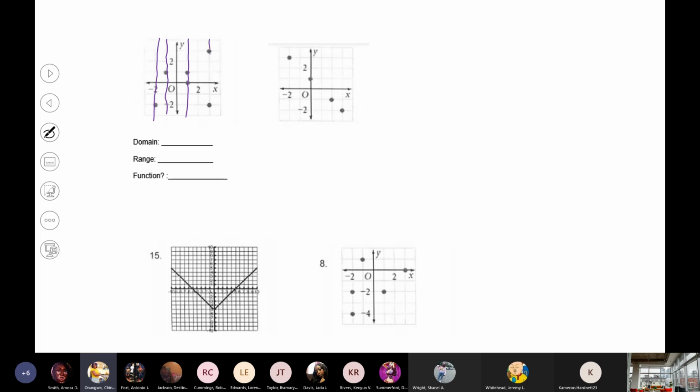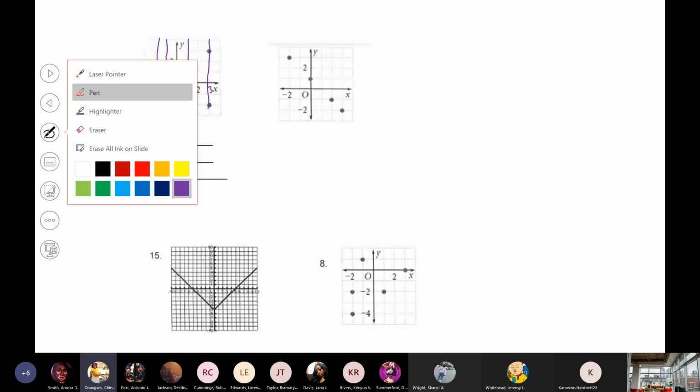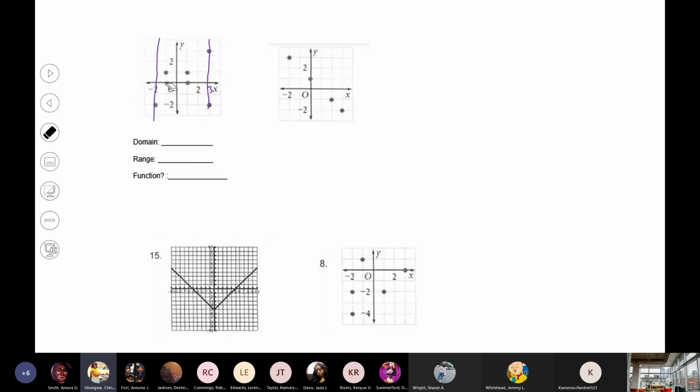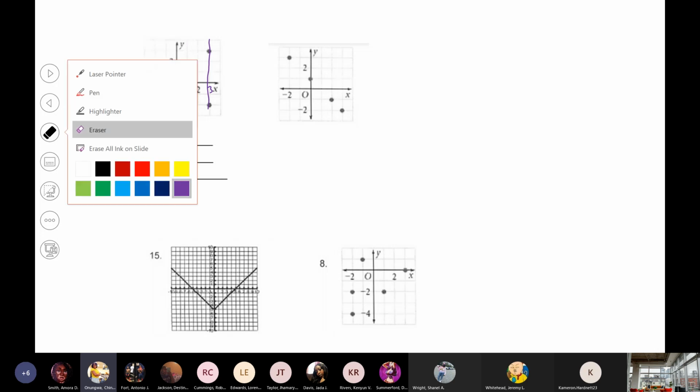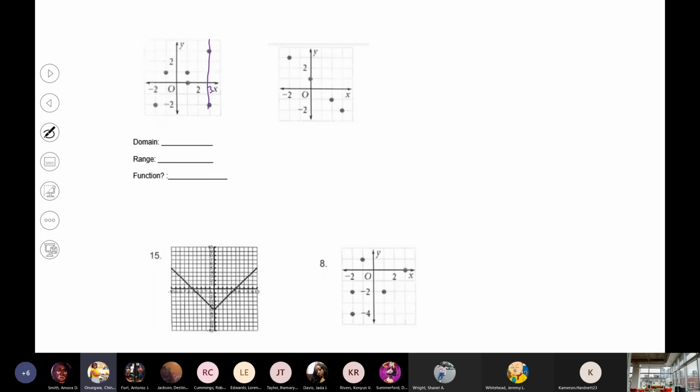That is not a function. So this one is not a function because notice at 1, I have 2 different dots, and at 3, I have 2 different dots. All you have to do with graphs is run your finger through it in a straight line, and you can see whether you have only one output for any one input. So we say not a function. It goes through there one time. You just do a vertical line test.